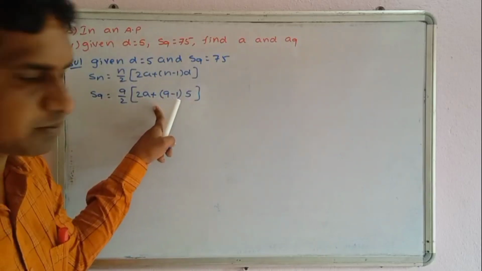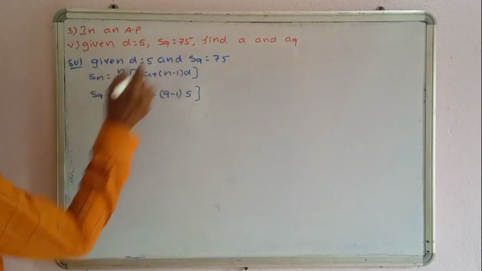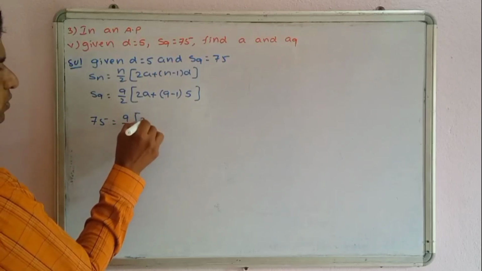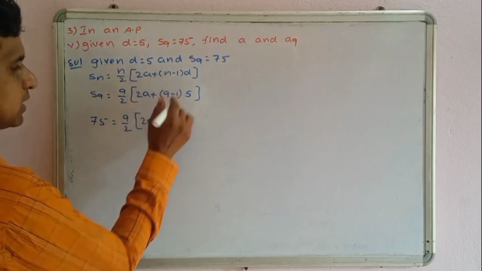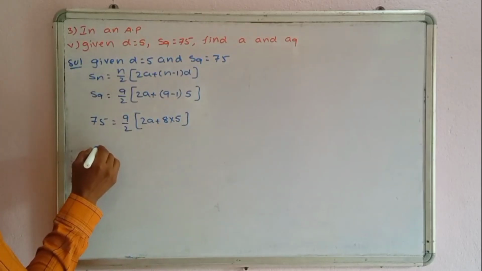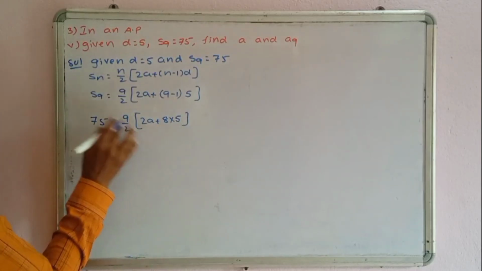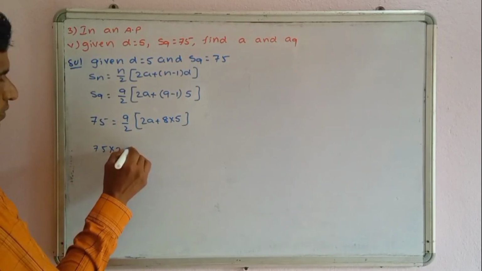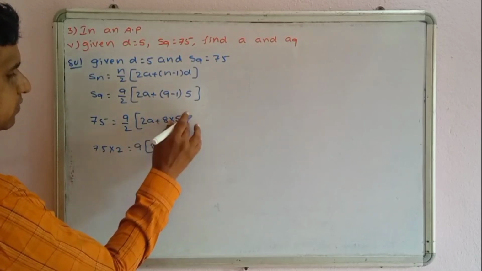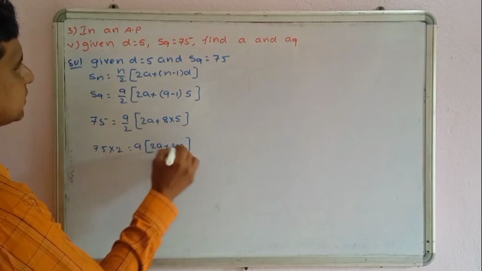First find the value of a. So s9 value 75 equals to 9 by 2 into 2a plus 8, 9 minus 1 is 8, into 5. Okay. So 75, 2 transpose, reduction, multiply with 2 equals to 9 into 2a plus 8 5s are 40.